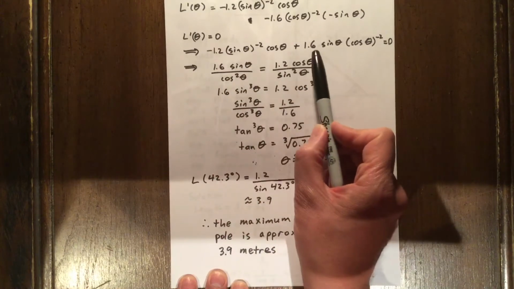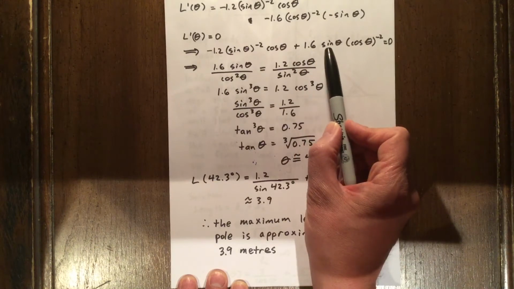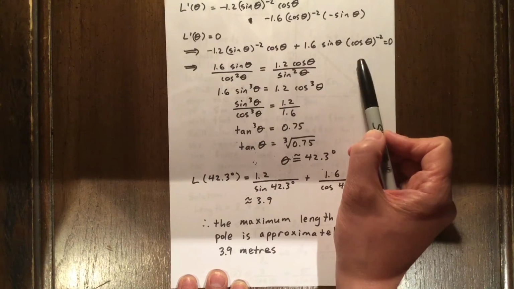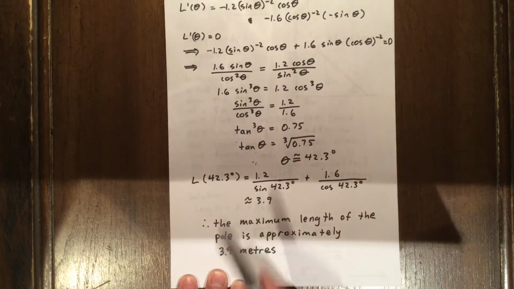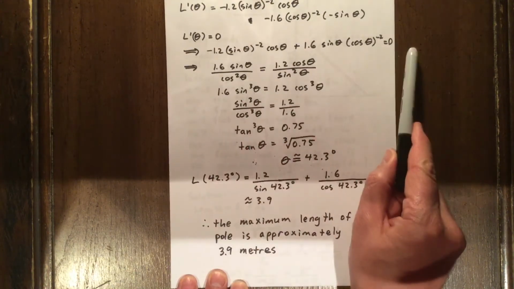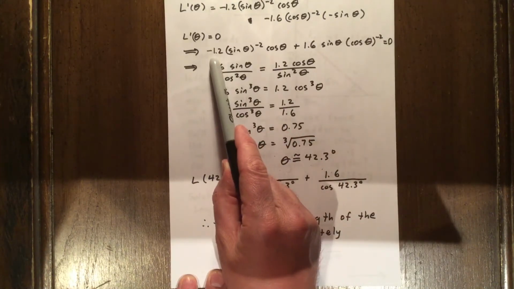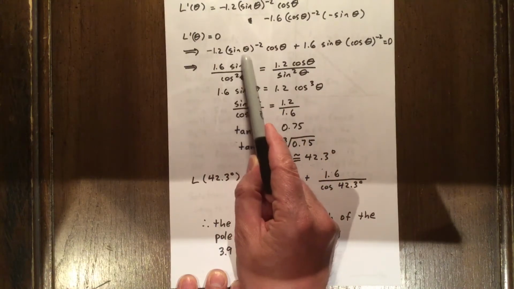This is on the left-hand side, 1.6 times sine theta over cos squared theta. I can make that exponent positive and put it in the denominator. That's on the left-hand side. And then on the right-hand side, I can bring this over, as they say, or add it to both sides. And what I get on the right-hand side is a positive 1.2 cos theta over sine squared theta.